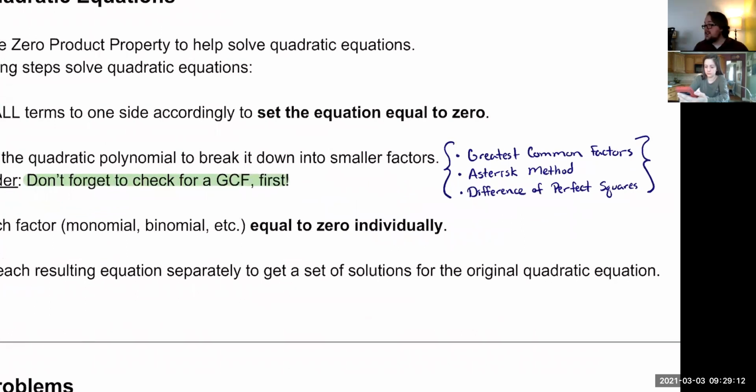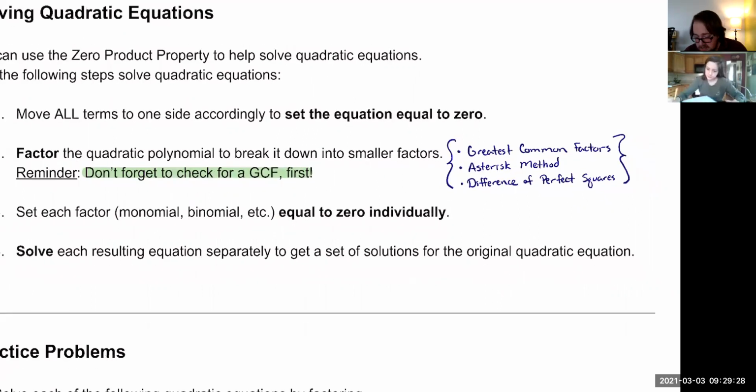So again, in the factor phase, it doesn't tell you how you have to factor. And in fact, I probably should have also put factor by grouping in there as well. But anytime you hear factor, all those options are on the table, so long as you check for the greatest common factor first.